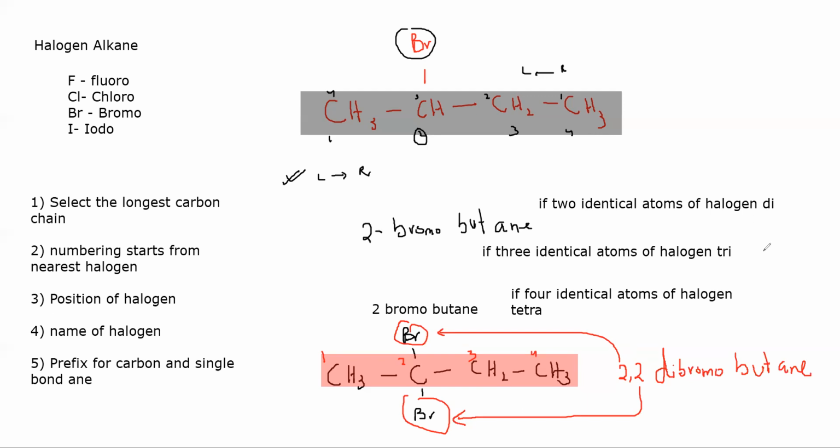That's why it is 2,2. So it's 2,2-dibromo and there are 4 carbon atoms, so we'll say butane. Is it clear?